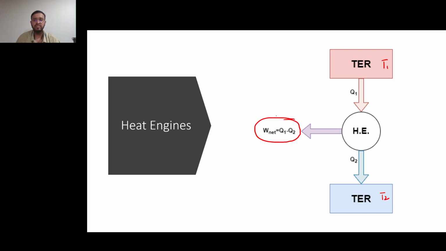So heat engines basically absorb heat from thermal energy reservoirs and convert it into useful work. Examples of heat engines can be petrol engines, diesel engines, jet engines. Then you have power plants, which have your entire boiler and turbine systems, so power generation units.